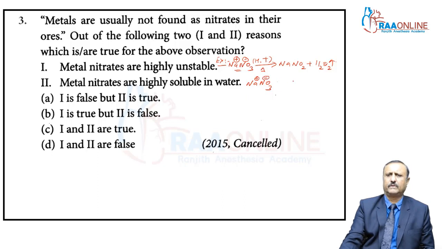When it is dissolved in water, my dear students, the dielectric constant of water separates the positive and negative ions, and you get sodium ions present in water as well as nitrate ions, which are also present in water. So you can see the sodium nitrate is highly soluble in water.